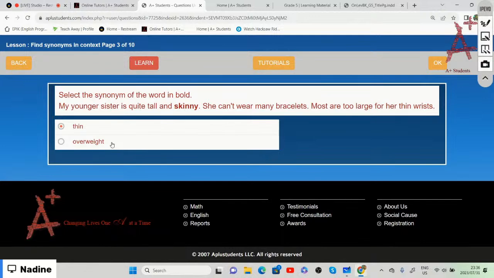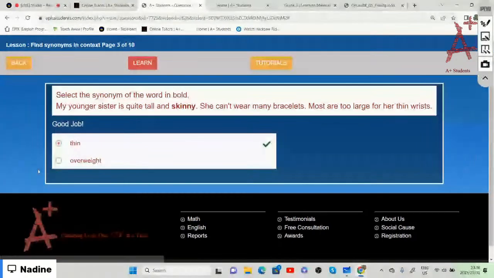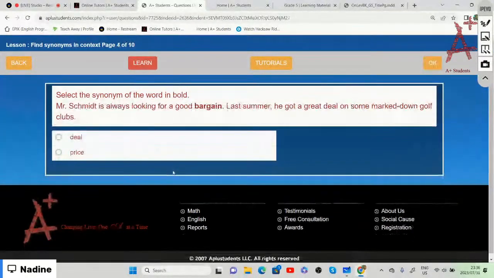So those are words that people may use instead of saying you are fat. Same with skinny and thin, people sometimes avoid words like thin or skinny, so they'll use words like slender. But thin is a synonym of skinny.